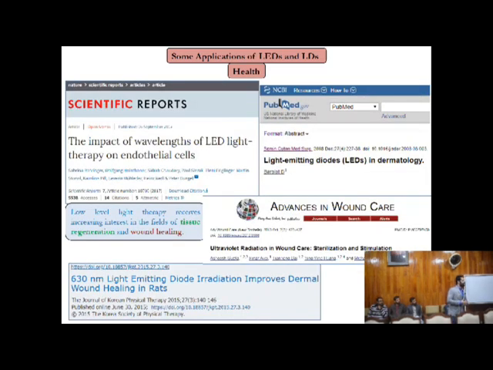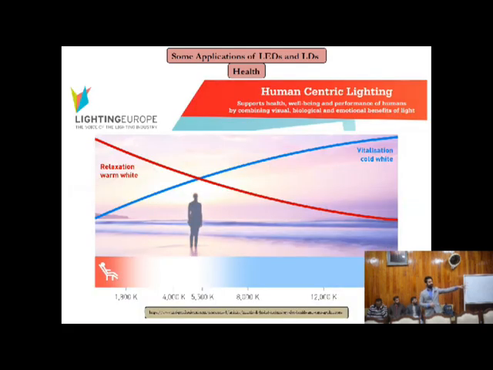Next. Further, these LEDs and laser diodes are, we have just seen one example on the health side that we saw a moment ago for the babies. So skin treatment, the right amount of lighting is actually very important. If we want to relax, we intuitively know that we need to dim down the lights.